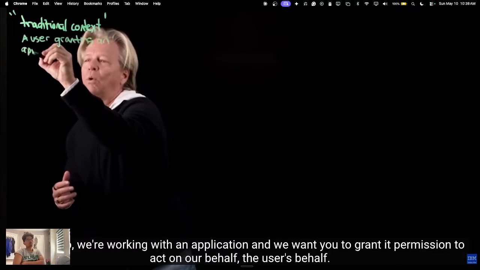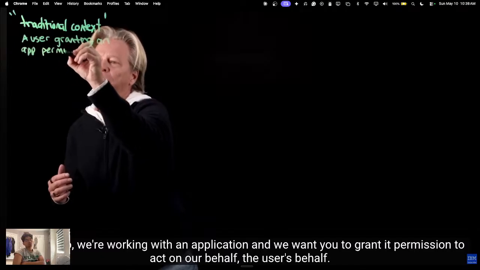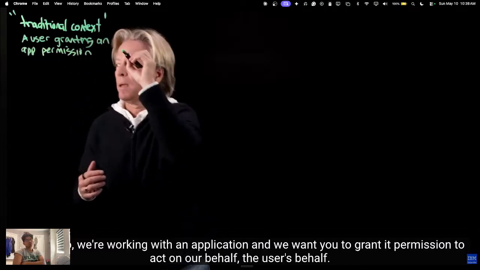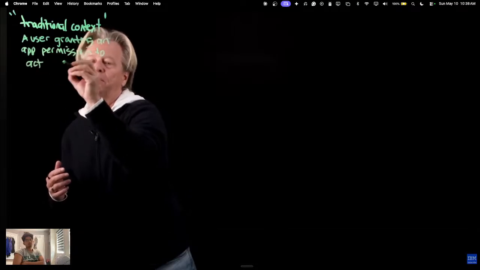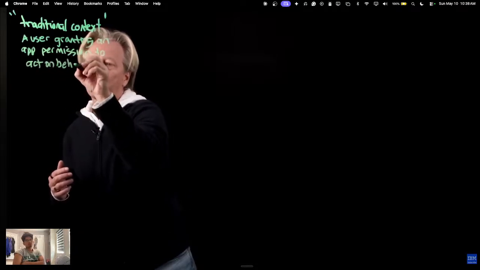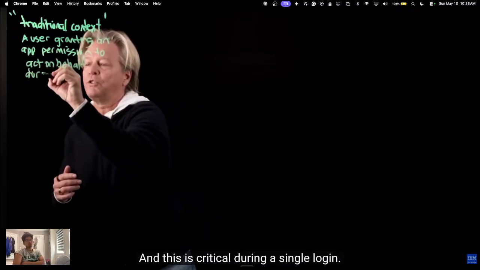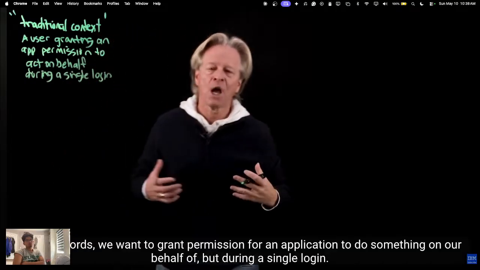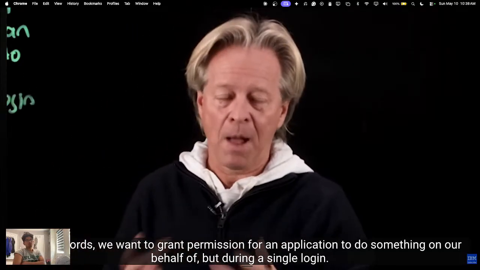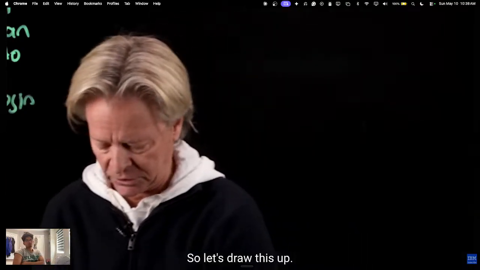We're working with an application, and we want to grant it permission to act on our behalf, the user's behalf, and this is critical during a single login. In other words, we want to grant permission for an application to do something on our behalf, but during a single login.